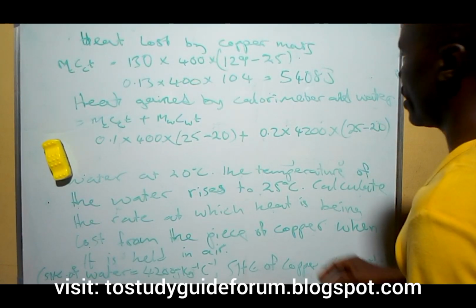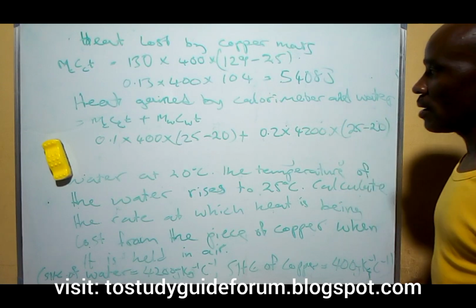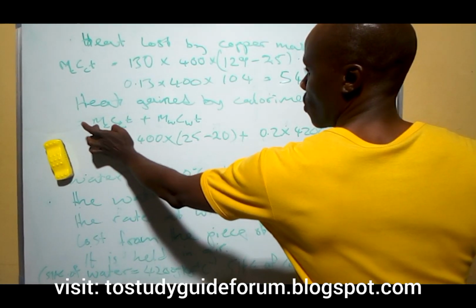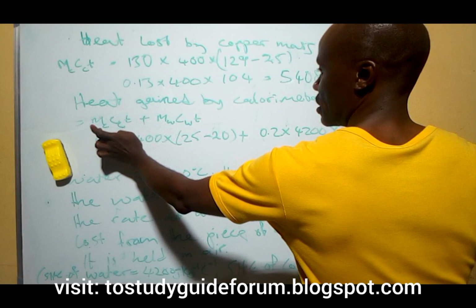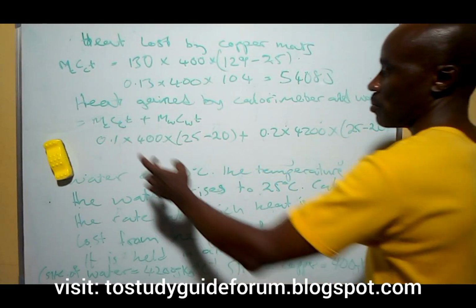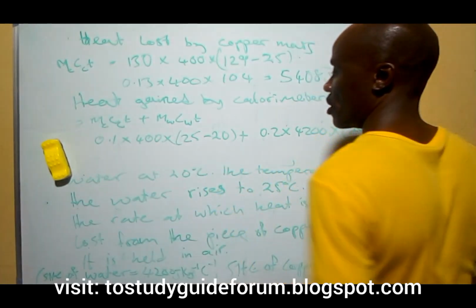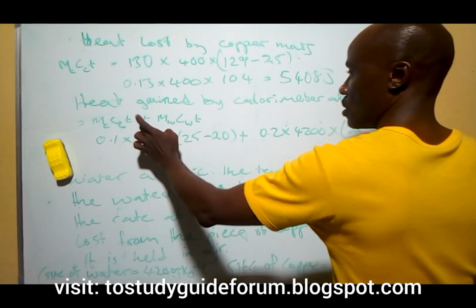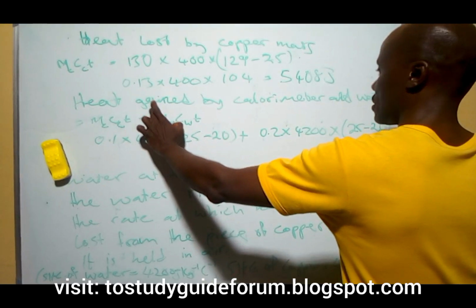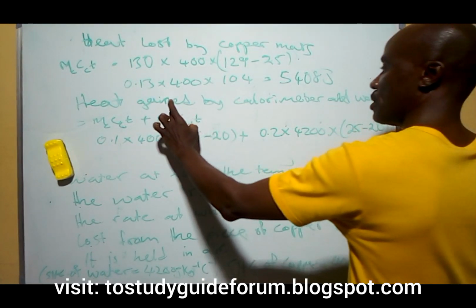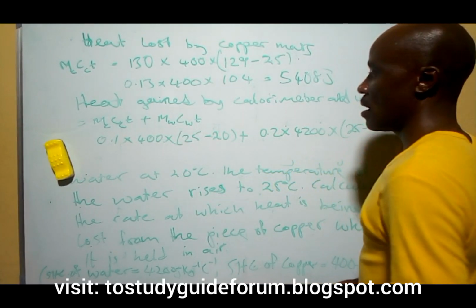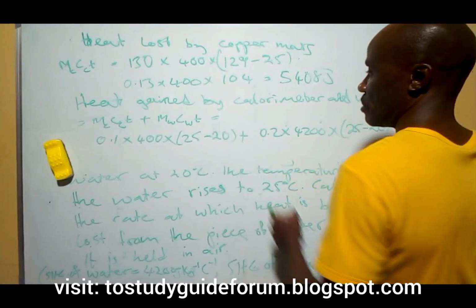The heat gained by the calorimeter and water will be equal to mass of the calorimeter multiplied by specific heat of the calorimeter and temperature change, plus mass of the water, specific heat capacity of the water, and then times temperature change.